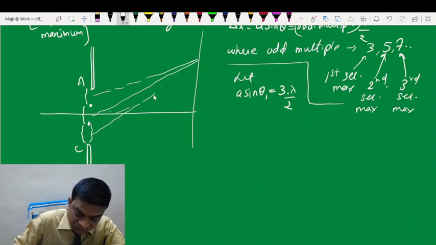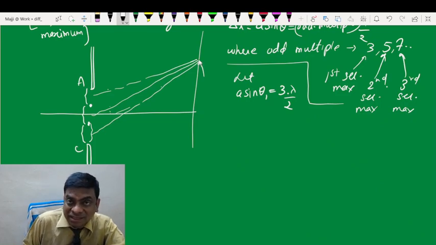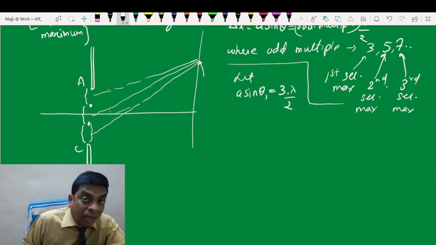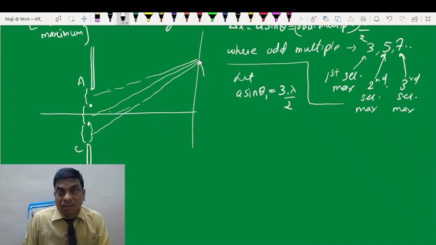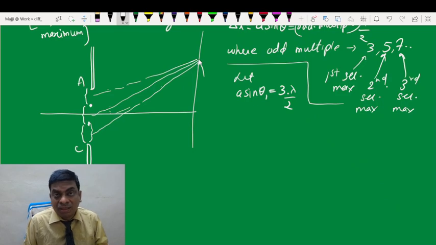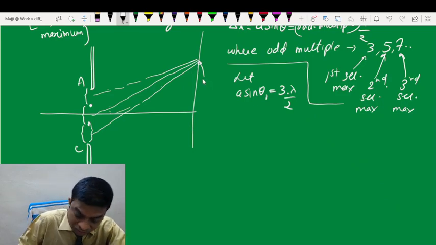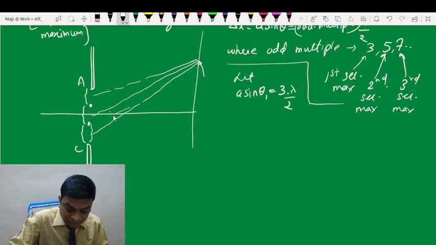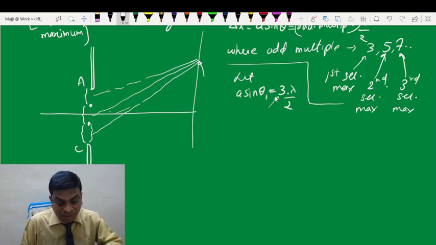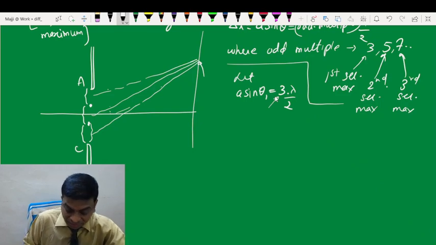So you will have certain intensity there, even though it's not as large as the central maximum or the primary maximum. It will be lesser, but certainly there will be some intensity. So this we call secondary maxima, and since this is the first position of the secondary maximum, it is known as the first secondary maximum.